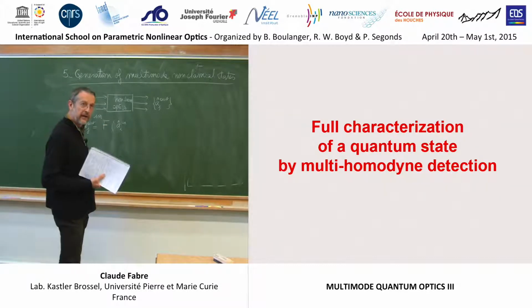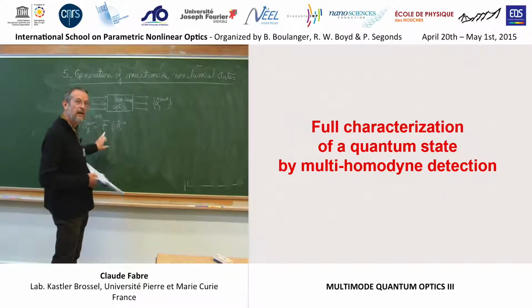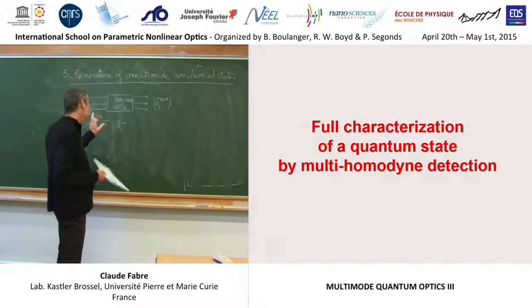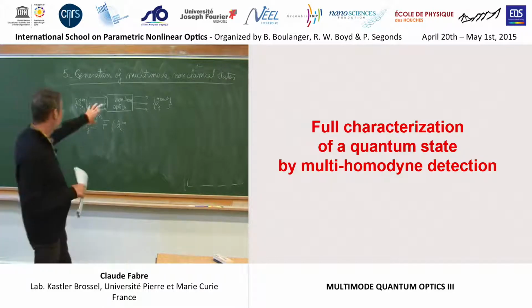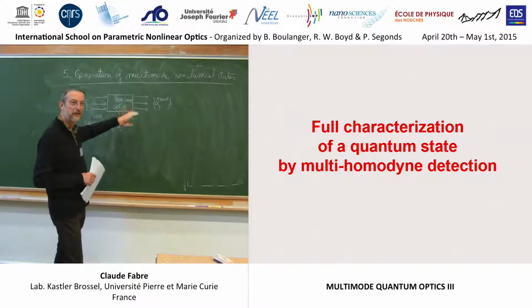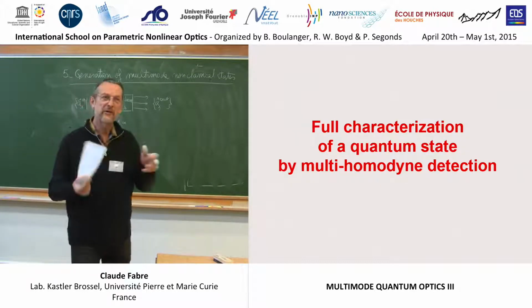So for a lot of experiments, the quantum transformation f looks almost the same as the classical transformation of the field. For example, if you put a beam splitter here, it's linear optics, not nonlinear optics. The transformation for the A's is the same as the transformation for the classical field.